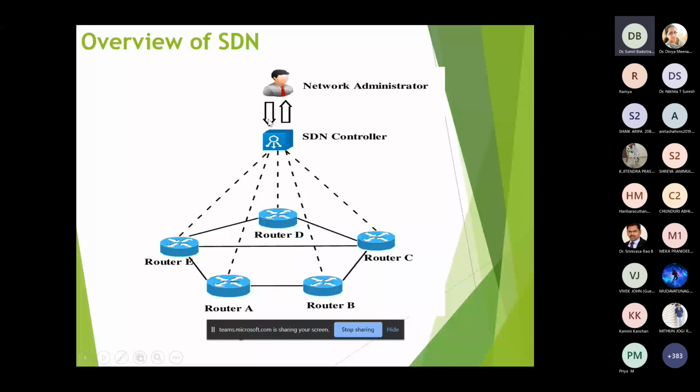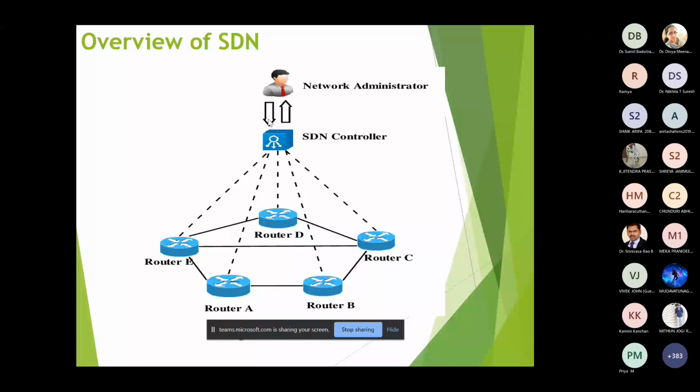What is the difference that you see? Previously, the network administrator had to configure each and every device individually, but now, with the ease of software defined networking and the basic principle of decoupling of control plane and data plane, the network administrator just gets involved with the SDN controller only. It does not need to go to the individual routers.